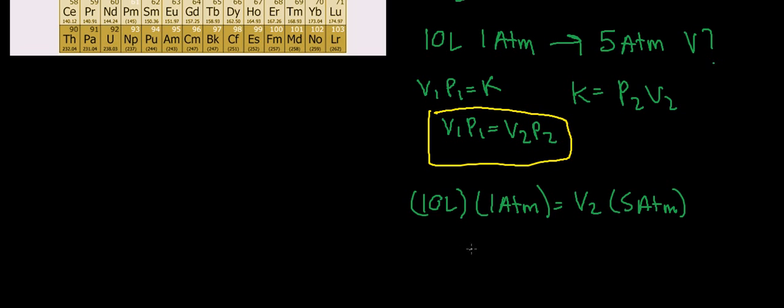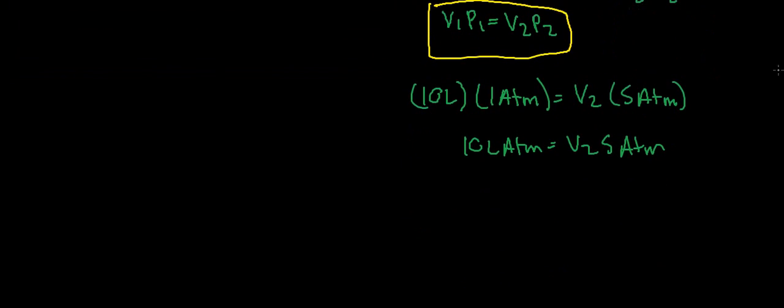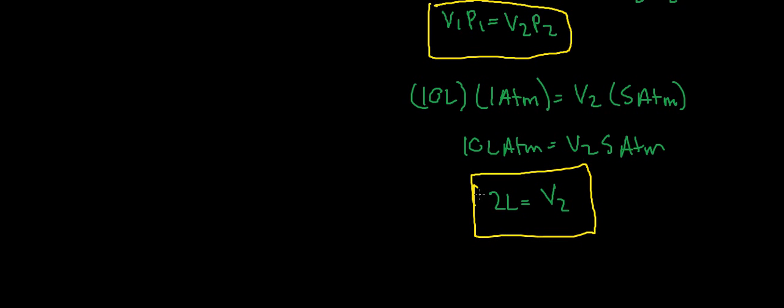I mean, this is a very simple problem. 10 liter atmospheres is equal to volume 2 times 5 atmospheres. Divide both sides by 5 atmospheres. 2 liters is equal to volume 2. And that's how I'm going to go about solving these various problems.